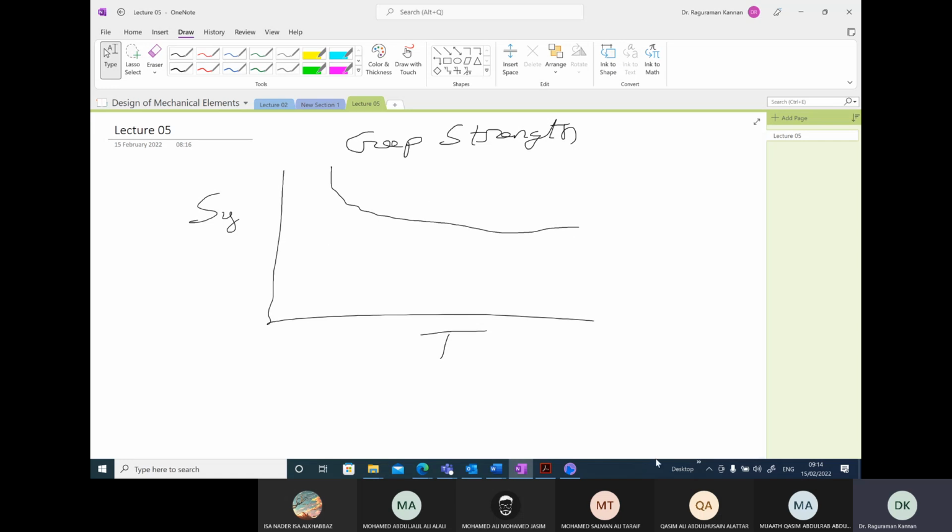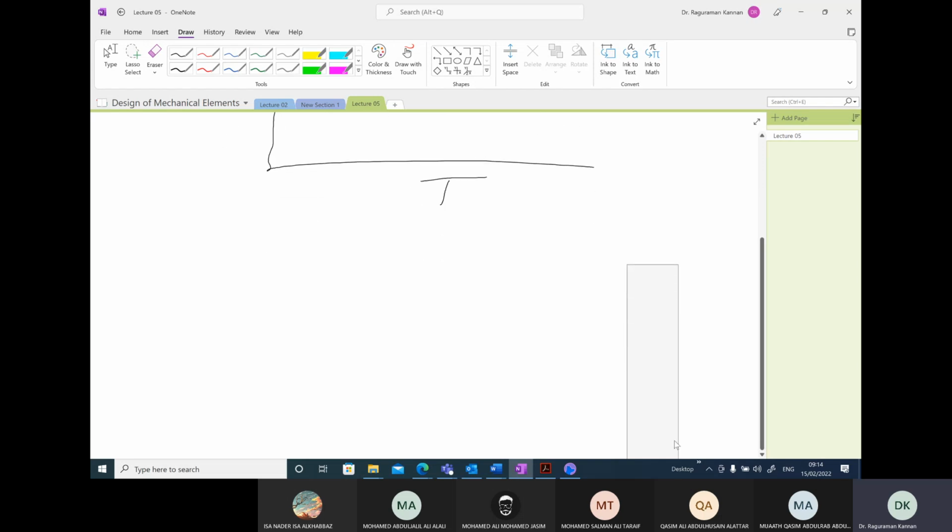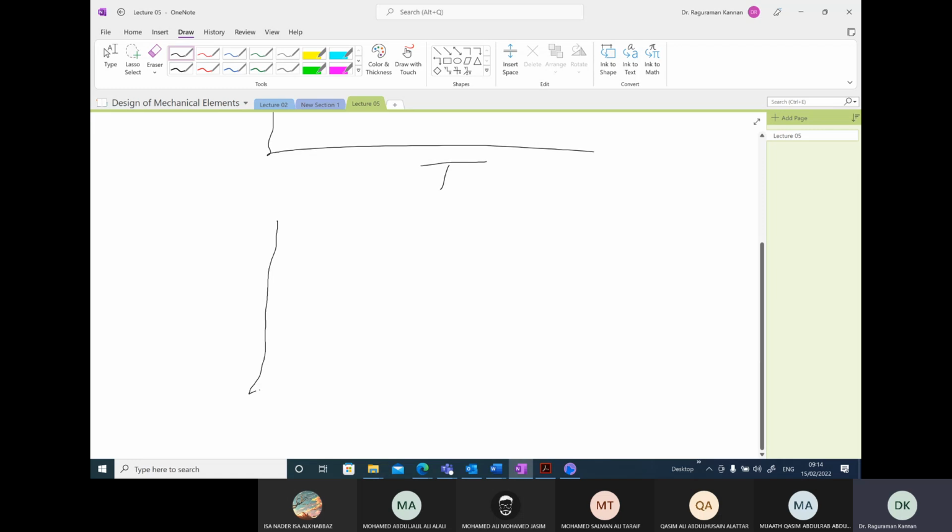Okay, now this is the property even for metals and alloys. Let's draw another graph and we are going to see the effect of the yield strength over time. So instead of temperature, over time, keeping the temperature equal to fixed here.